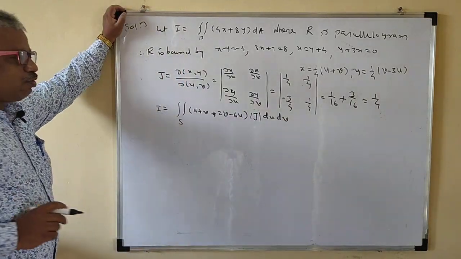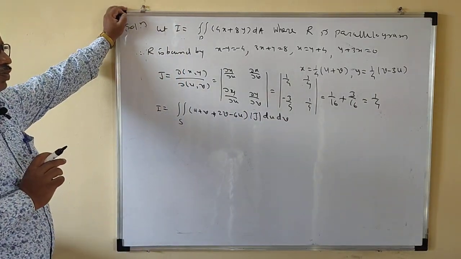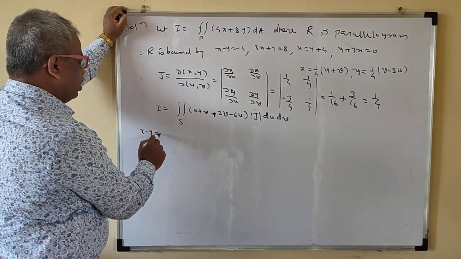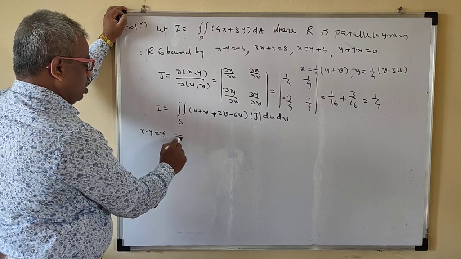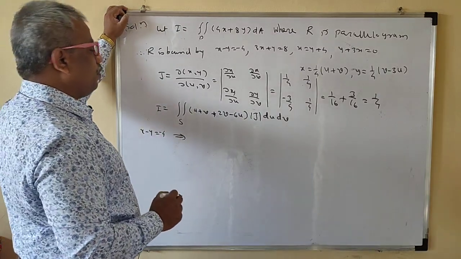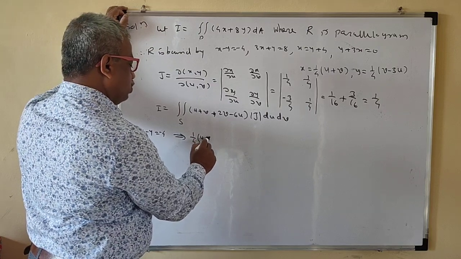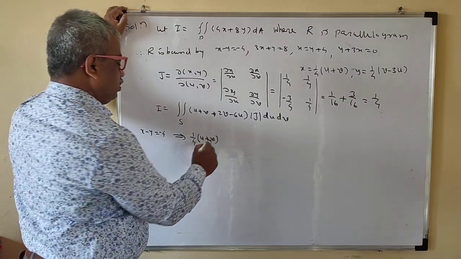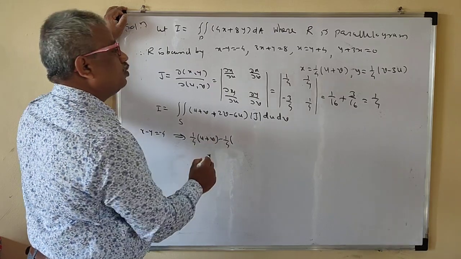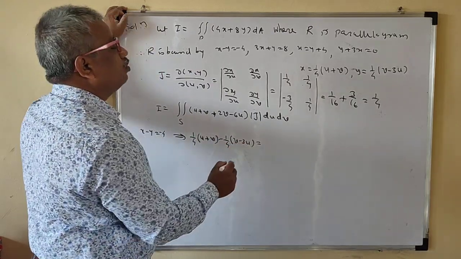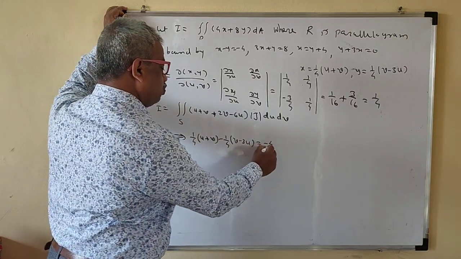Okay. Now we have to find the region S. So region S we will find. x minus y is equal to minus 4 implies that we will put the value of x. This is 1 by 4 (u plus v) minus 1 by 4 (v minus 3u) is equal to minus 4.